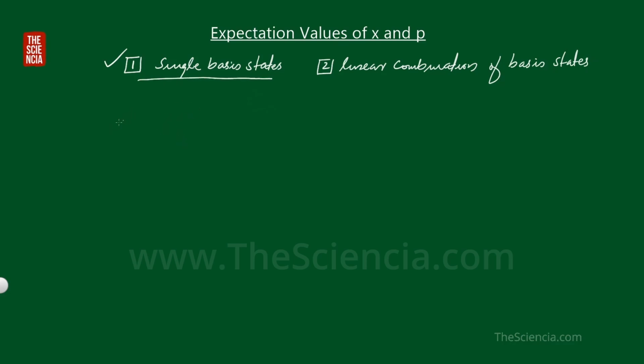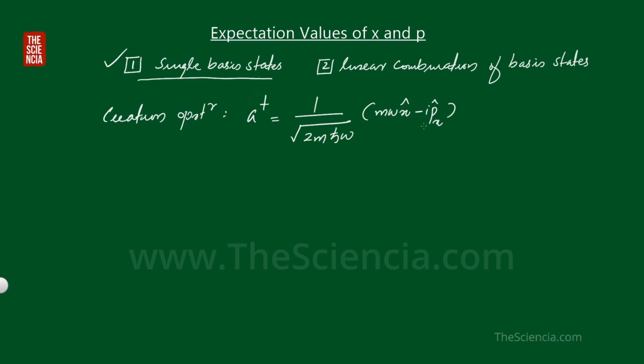We know the expression for the creation operator, that is a dagger is equal to 1 by root 2m h cross omega, times m omega x cap minus i p x cap.